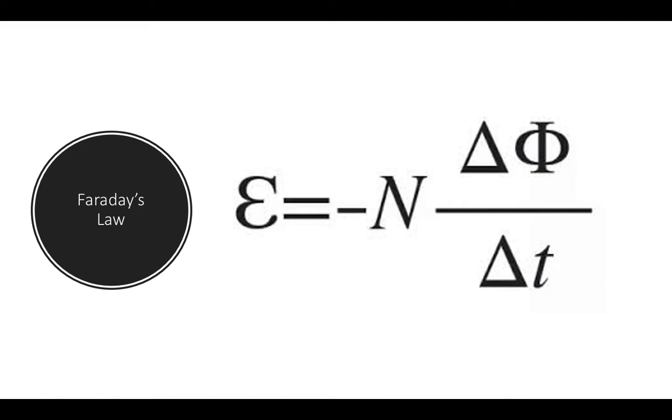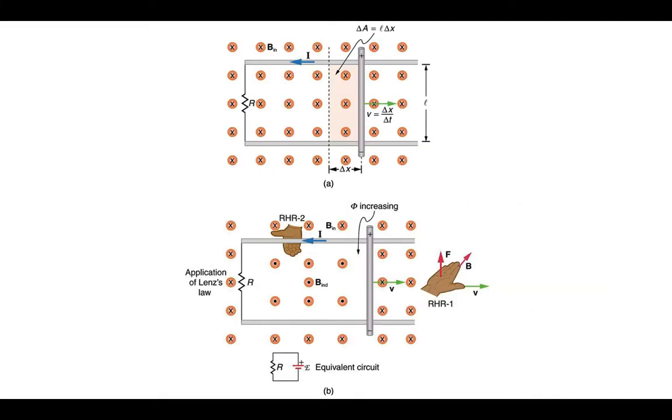But as you can see, there's also a negative sign, and that comes into play when we talk about the direction of the induced current. So this is one of the examples taken from our textbooks where you have a magnet and some wires. Well, as we move that magnet closer to the left side of the screen, we will be inducing a current to the right side.